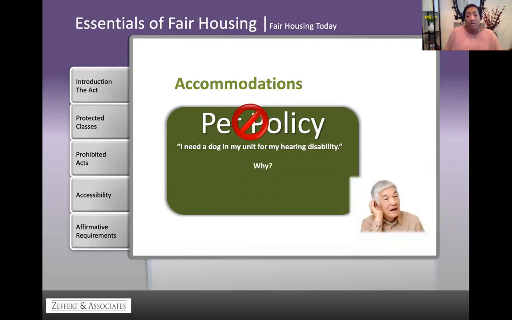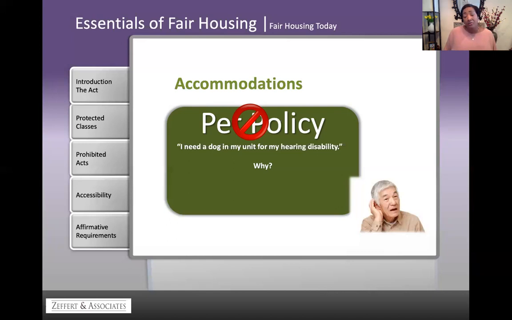So it is very important for you to understand, and we're not quite to the point of discussing assistance animals and companion animals, so I'm going to end up repeating this, but it's important that those of you working as a housing provider understand the difference. There's a difference between pets and assistance animals.